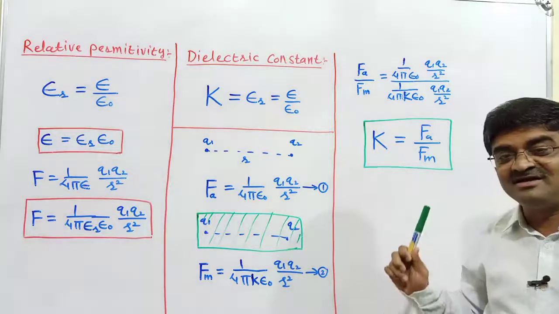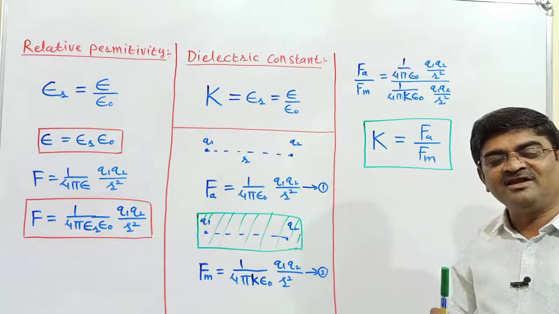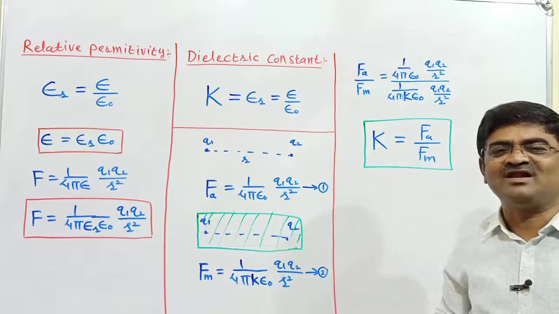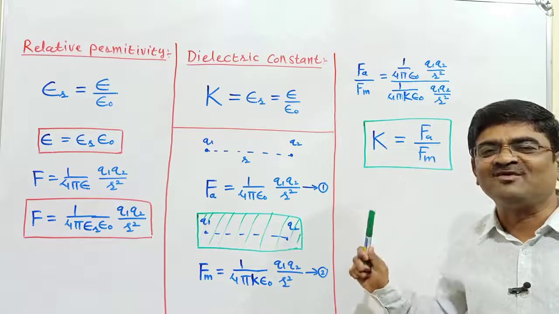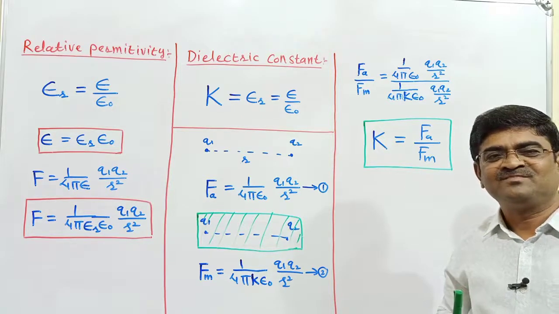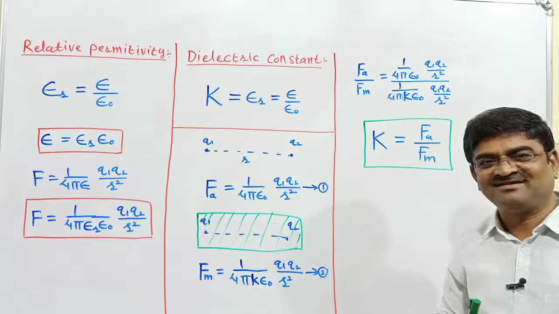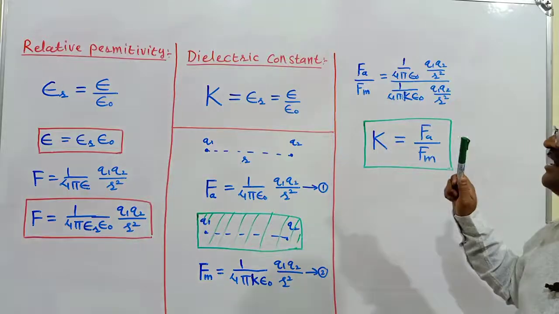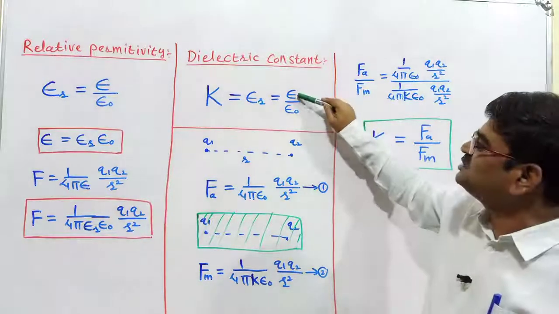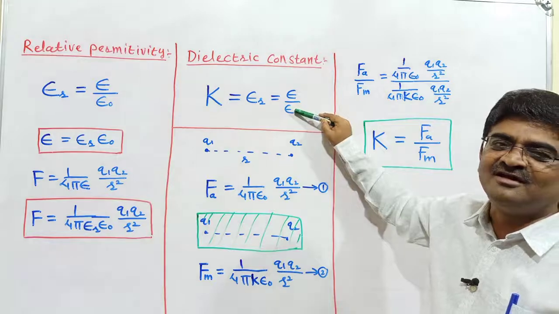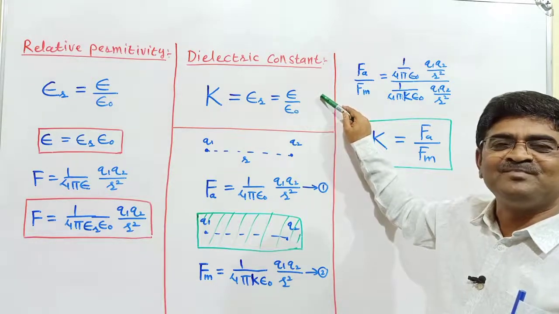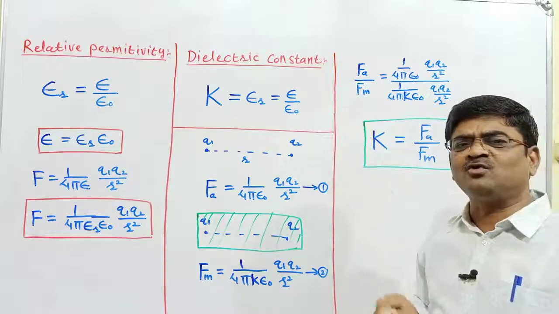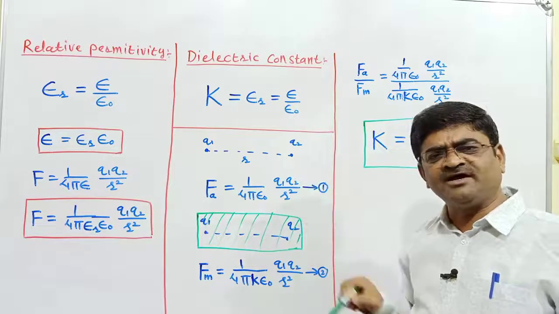And remember that the relative permittivity, or dielectric constant value, is always greater than 1. For the vacuum it is 1. When I'm working out the dielectric constant for vacuum, I have epsilon naught over epsilon naught, and ultimately it is equal to 1. For air, it is slightly more than 1, 1.0035.